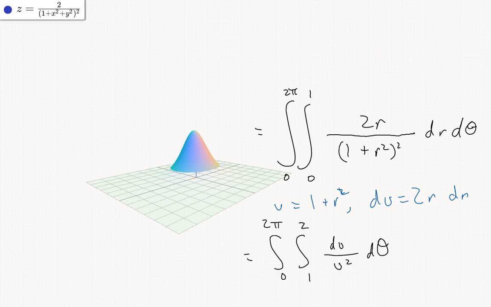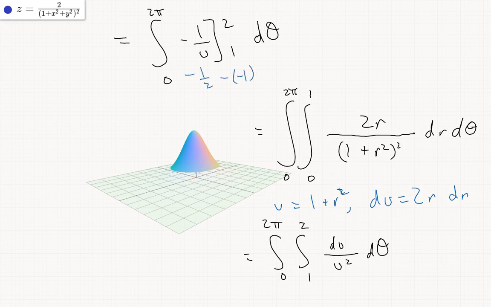Now, the integral of du over u squared is -1 over u. We evaluate that at 2 and at 1, and then d theta. So this is -1/2 minus -1.